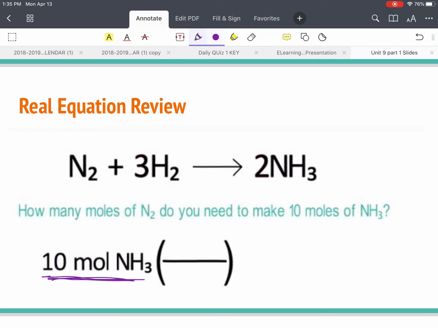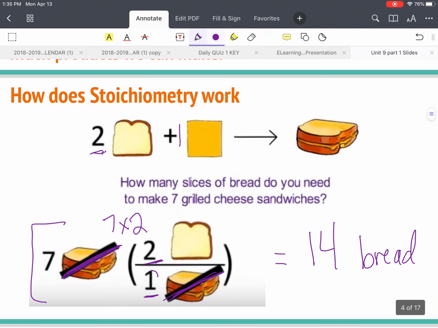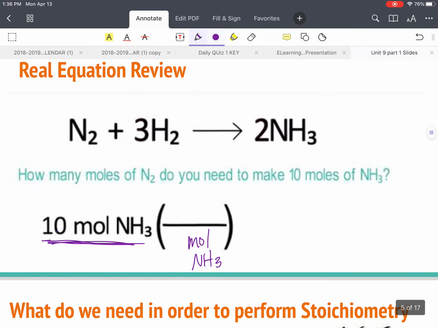So just like with my grilled cheese, I know that I'm going to cancel out. So down here, I know I need my moles of NH3. Well, where did I find my numbers that go in front? Those are my coefficients. So I'm going to look and say, what number's in front of NH3? It's a 2.